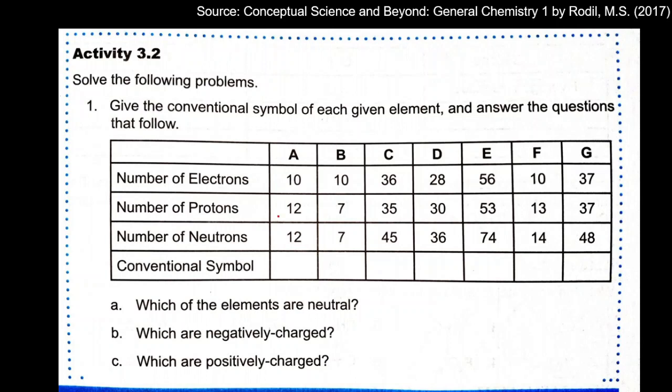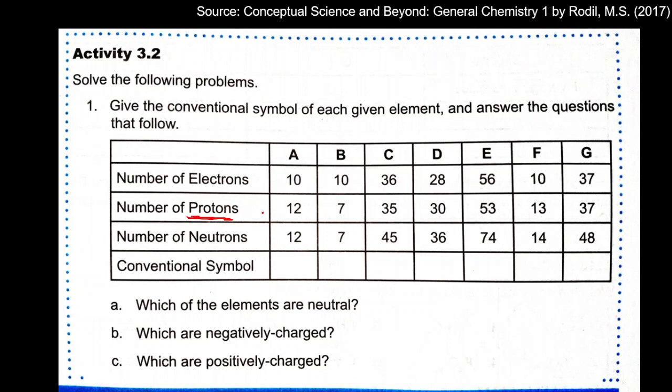Let's try to answer the activity from last time. So we have elements A, B, C, D, E, F, G. For element A, let's identify what element this is. For us to identify the element, just look at the number of protons, because the number of protons is equal to the atomic number.